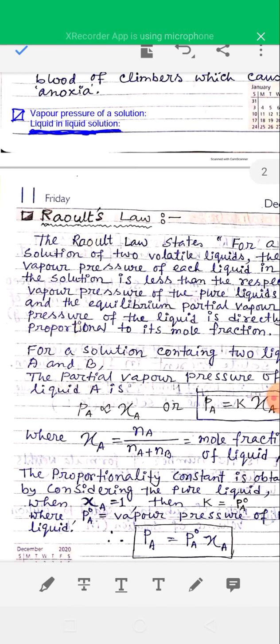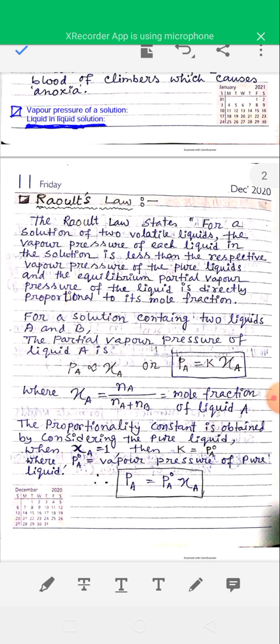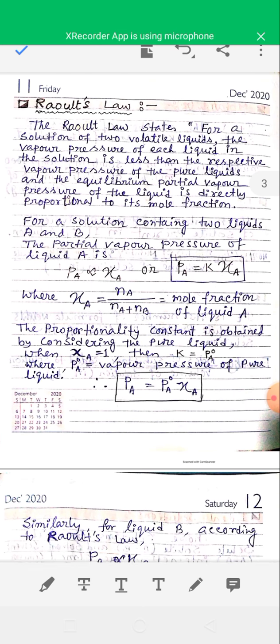So now say Raoult's law, that is how the vapor pressure of the volatile liquids depends on the mole fraction of the liquids in the solution. I have told that Raoult's law is applicable for liquid in liquid solution. Suppose you made a solution by mixing two liquids, liquid A and liquid B, in a closed container.